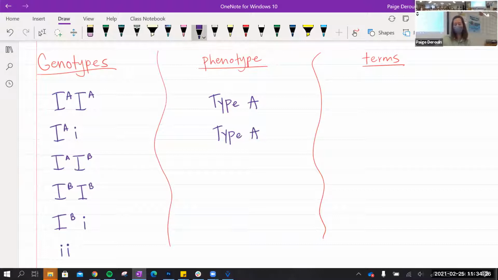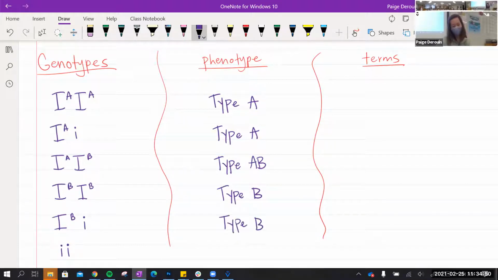If you have a big A and a big B, what will you be? Type AB. If you have two big B's, you'll be B. If you have a big B and a small i, B. And if you have two little i's, you'll be O.